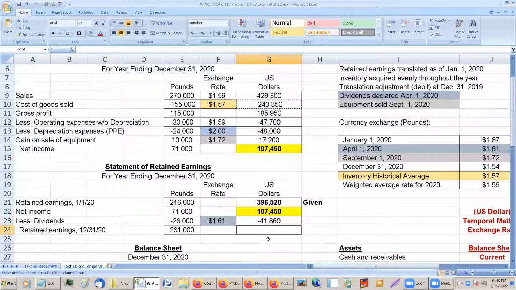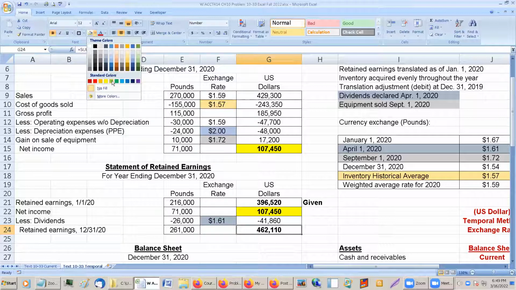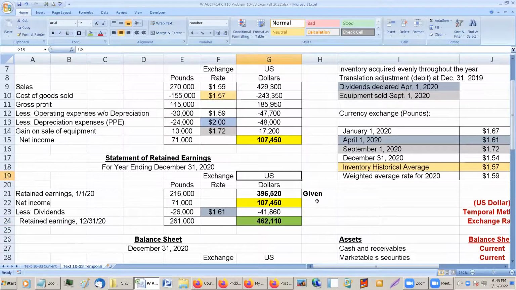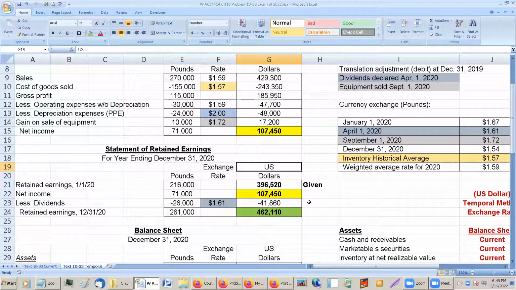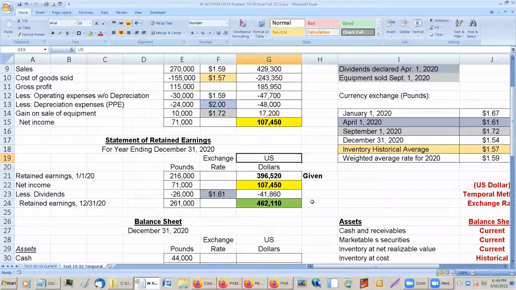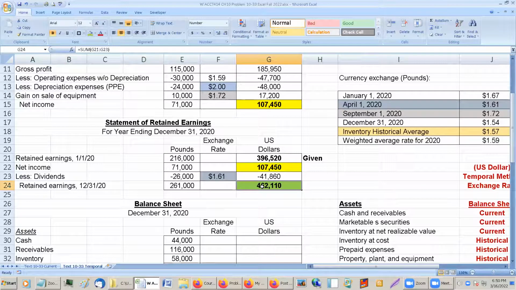There we go. So this would be our retained earnings.